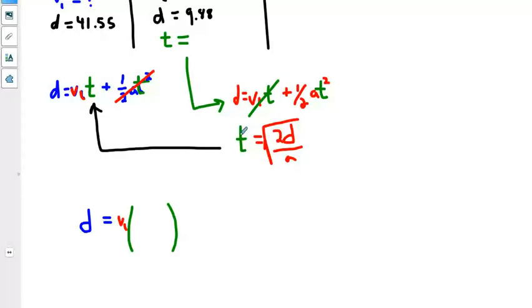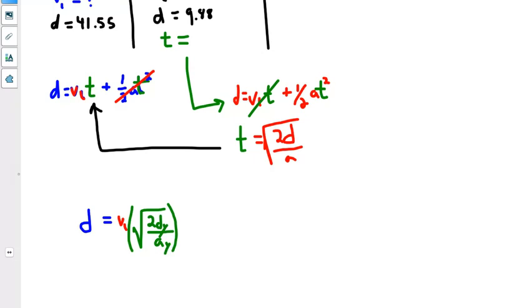You could put what T is equal to, right? T is square root of 2D over A. Square root of 2. Now, just so we make sure we're not confusing, this is D in the Y direction over A in the Y direction.